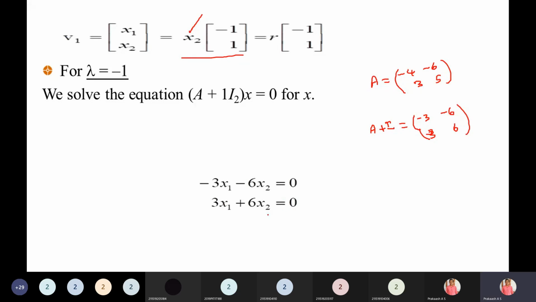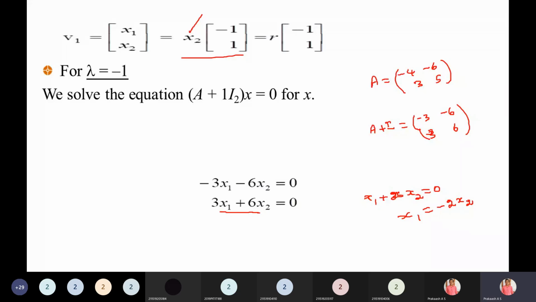If you divide this by 3, you will get x1 plus 2x2 equal to 0. So from that, x1 equal to minus 2x2.